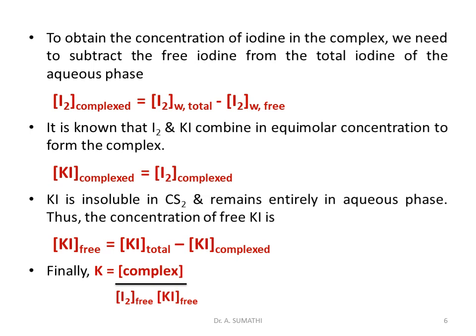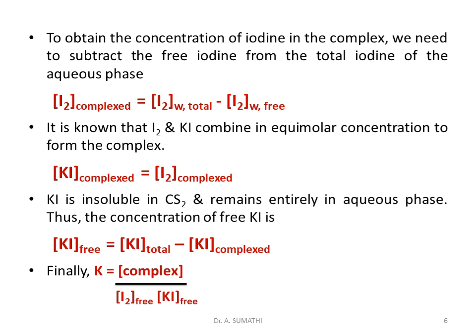Now to obtain the concentration of iodine in the complex, I want to know how much iodine is present in the complex. How to determine the complexed iodine? Already I know the total iodine, and I know the free iodine. So total minus free gives the amount of complexed iodine. Again I repeat, the concentration of complexed iodine is determined by finding the difference between the concentration of total iodine and the concentration of free iodine.